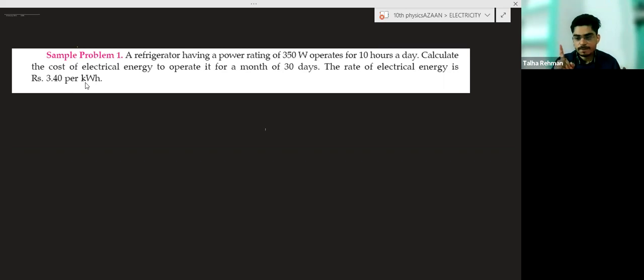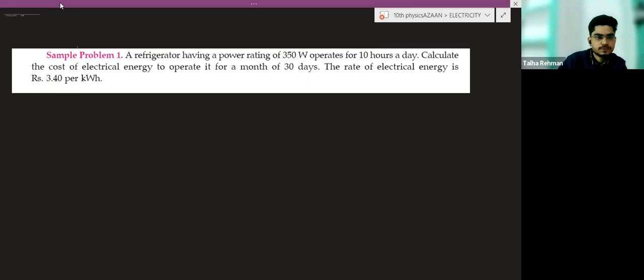It means you are spending the energy of 1 kilowatt in 1 hour. Kilowatt means power, hour means time. So if you spend 1 kilowatt hour of energy, you have to pay this much rupees.